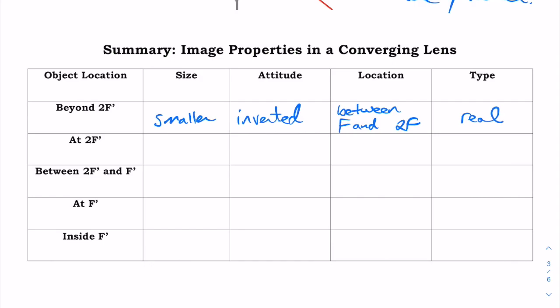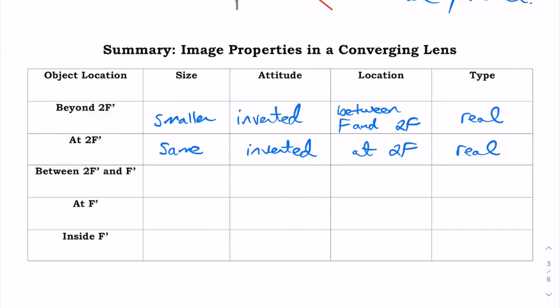When we place the object at 2f, the size is the same. It's still inverted. The location is at 2f, on the other side of the lens, of course, and it's also a real image.